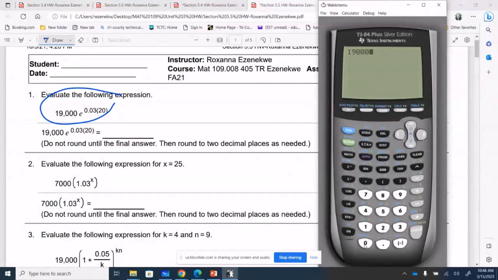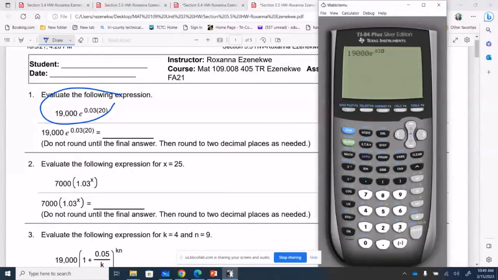And then e. Remember where e is? e is under natural logarithm. And then the rate, the APR, is 3%. And because it's APR, you have to change it to decimal.